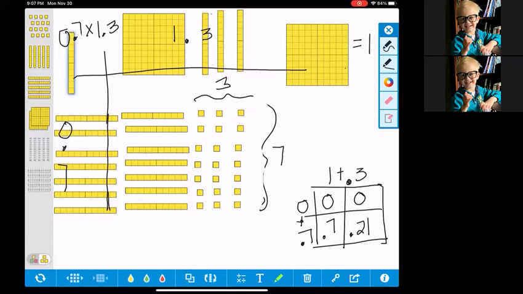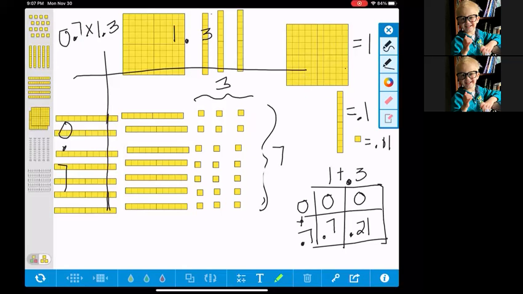So that means our rod is 1/10, and that meant our unit cube is 1/10 of 1/10, or 100th.